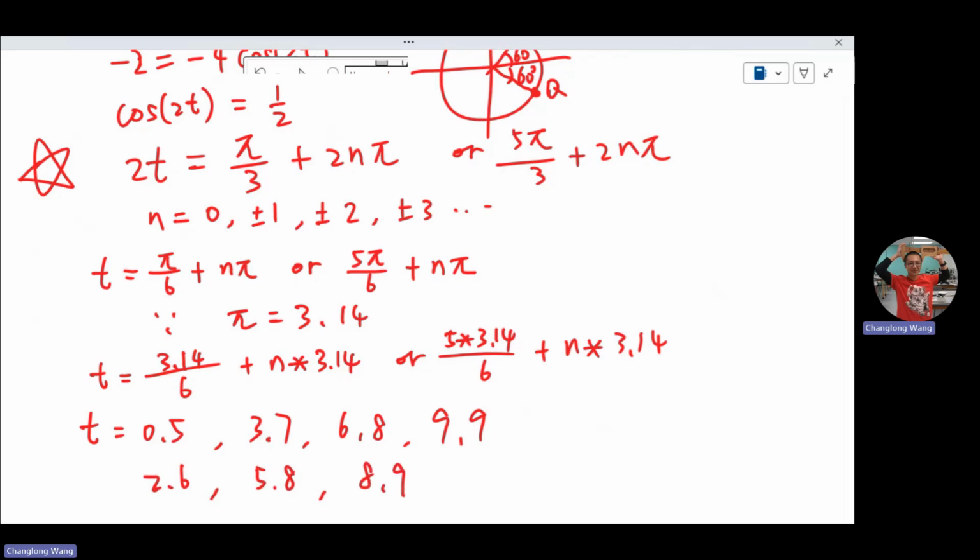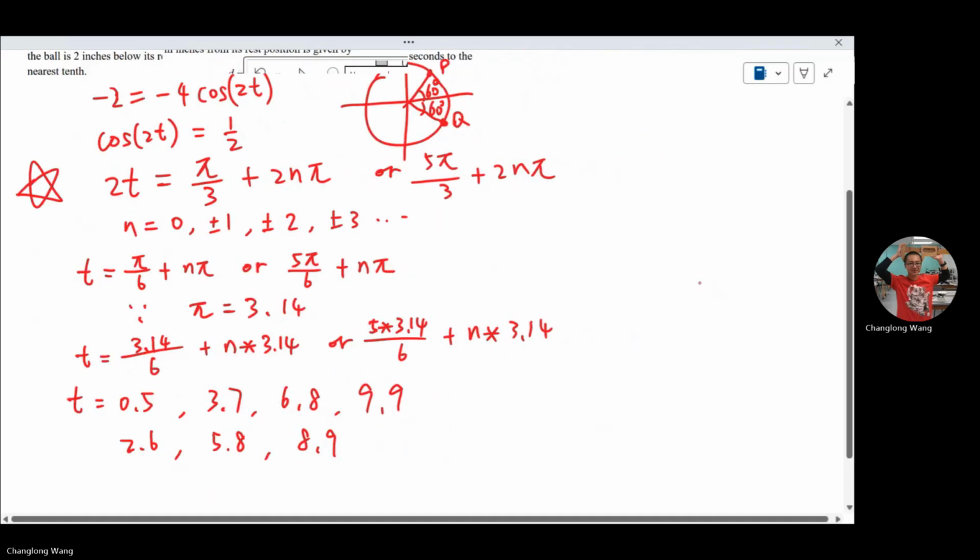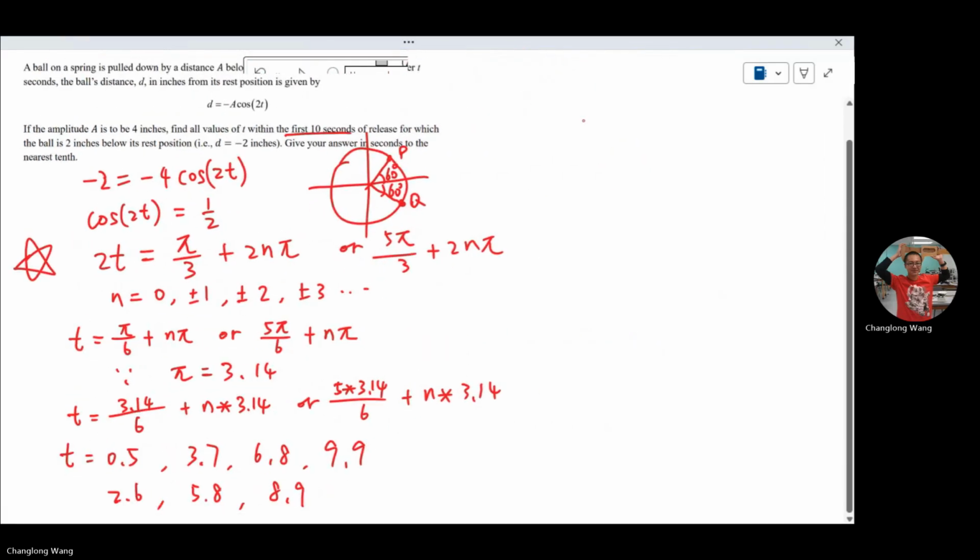So there are 7 solutions. All right, let me zoom out. Plugging in the values like 0, 1, 2, 3, stuff like that. Okay.